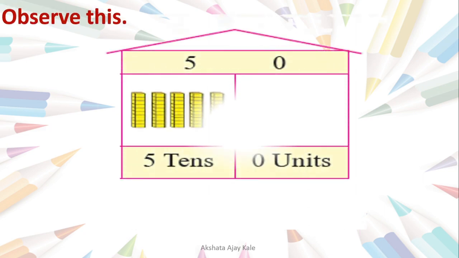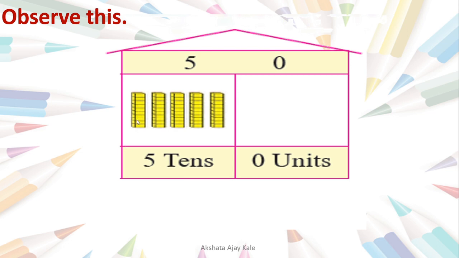One more example we will go through. Here you can see units place and tens place, and here in the first box in the units place there is nothing, that means here 0 units, right? And in the tens place we can see 5 bundles of tens, so that is 5 tens.